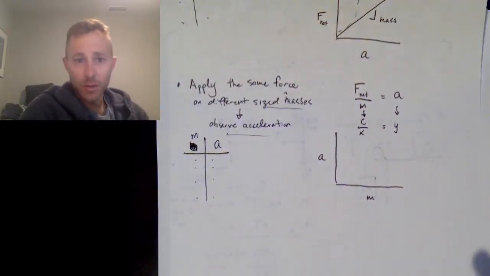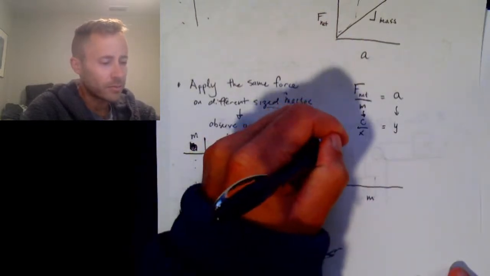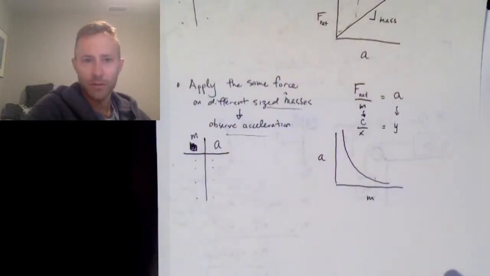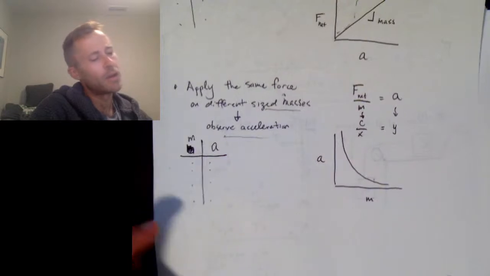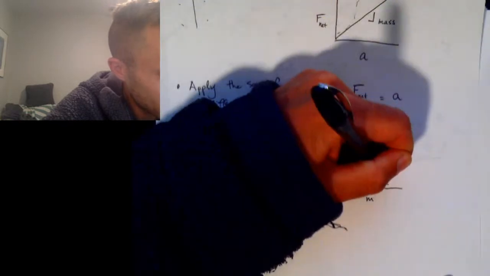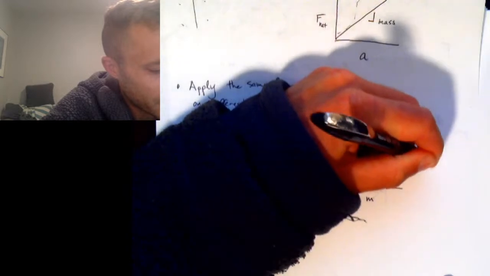And if you've ever plugged that into your graphing calculator before, it looks like this. So that's what a graph of acceleration versus mass should look like if Newton's second law is true. So this is the Newton's second law prediction.